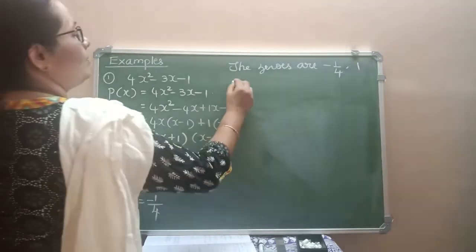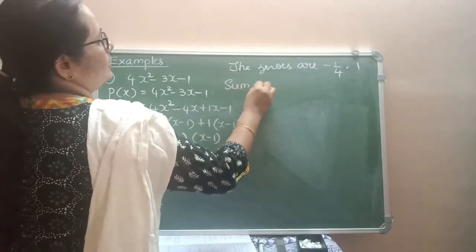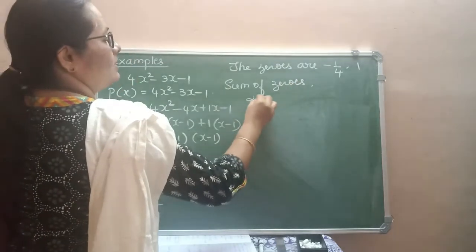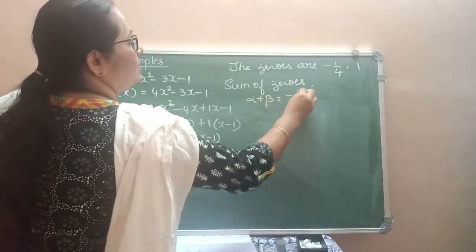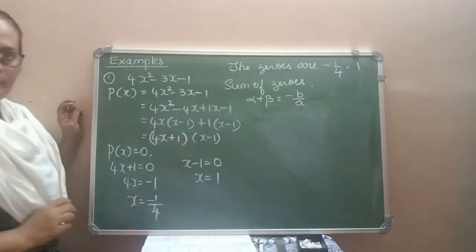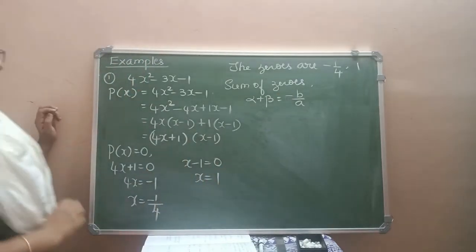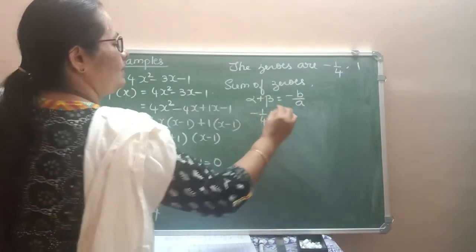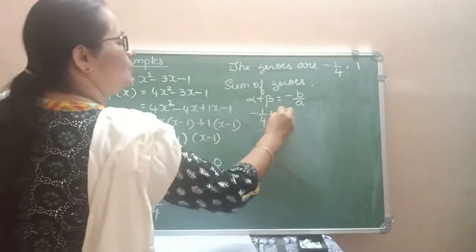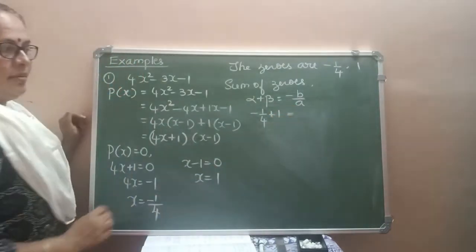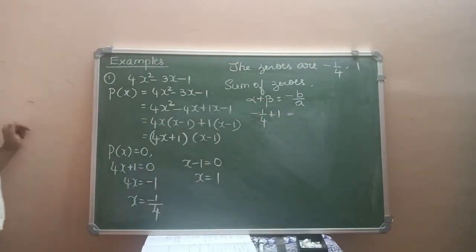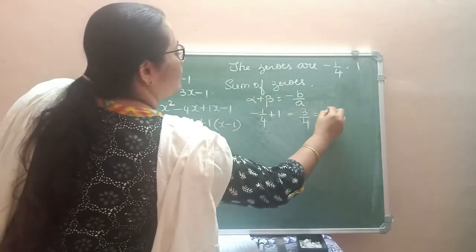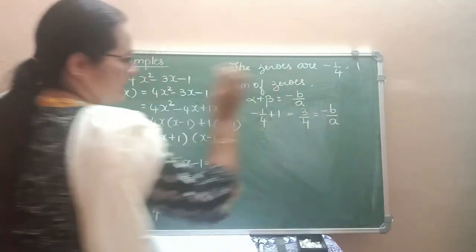So sum of the zeros. What is the sum of the zeros? Alpha plus beta equals minus b by a. Right? So alpha plus beta. Here one of the zeros is minus 1 by 4 and the other zero is 1. So which is equal to minus 1 by 4 plus 1, which is 3 by 4, which is equal to minus b by a.